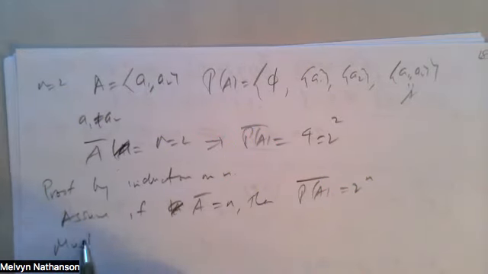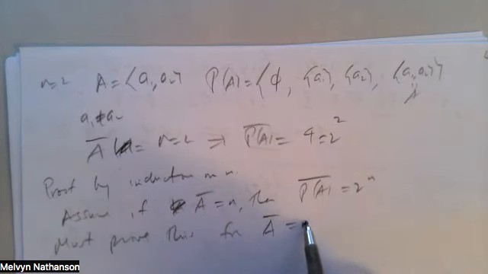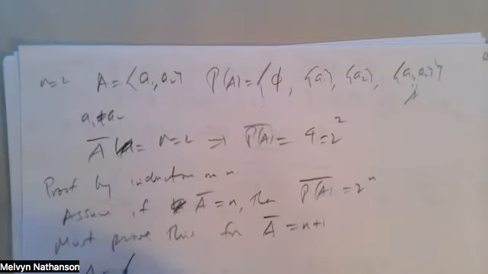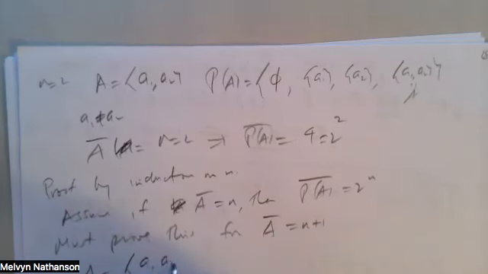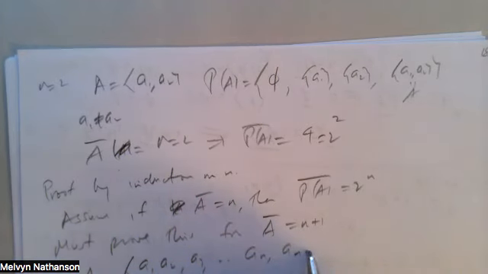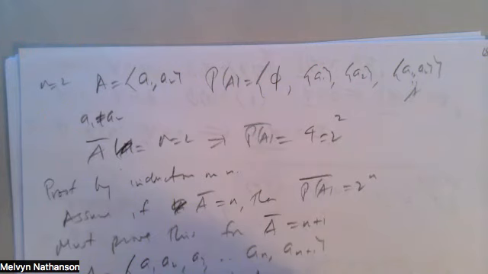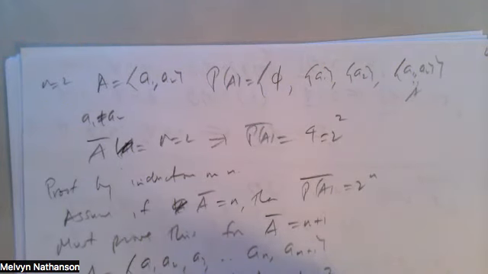And I must prove this for n plus 1. You have a set A that has n plus 1 elements. So suppose A contains n plus 1 different elements. So I want to divide the subsets of A into 2 classes.